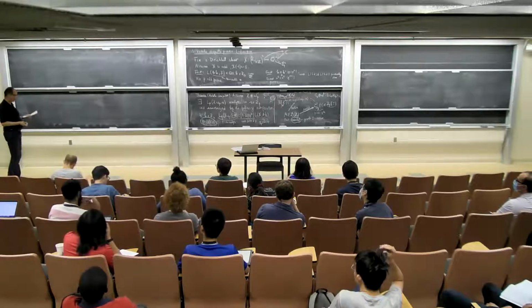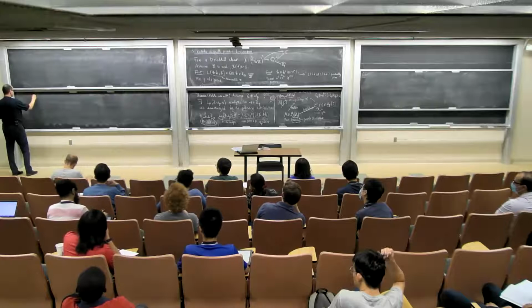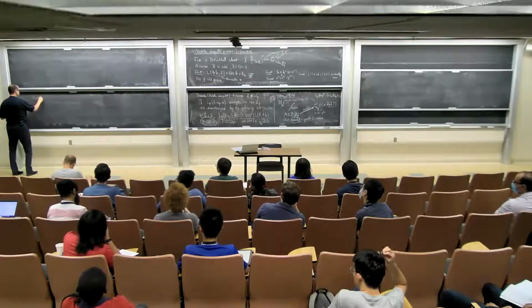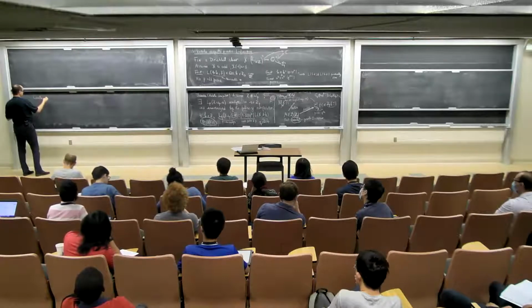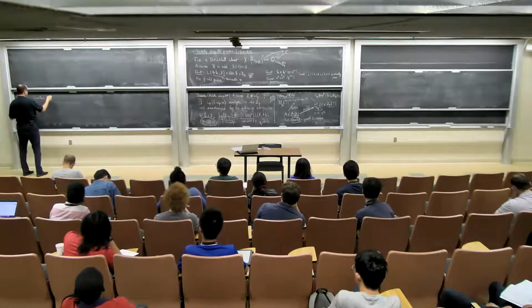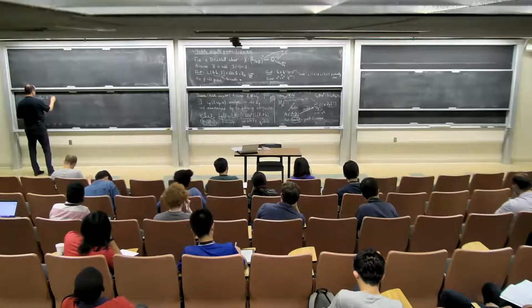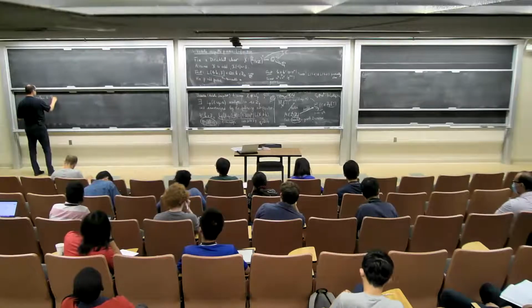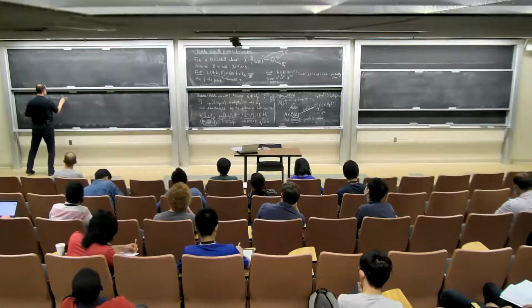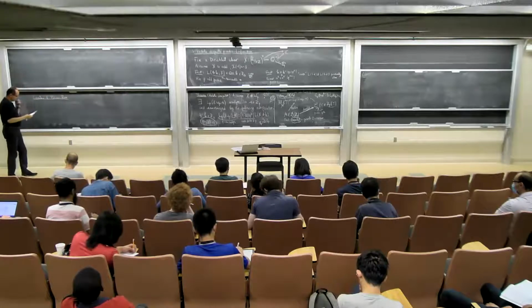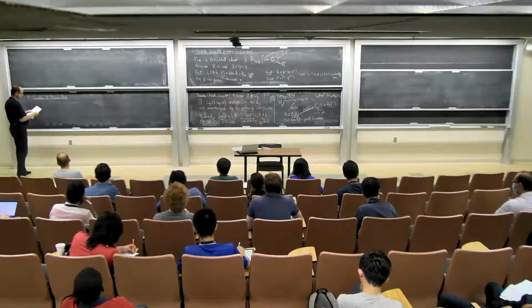So Coates, who's one of the instigators of this p-adic function, and one of his then students, Bernadette Perrin-Riou, made some very bold conjectures about what should be a p-adic L-function in general.